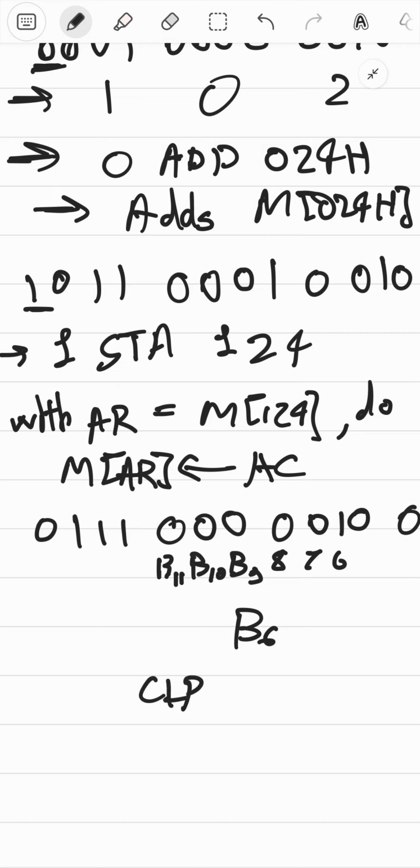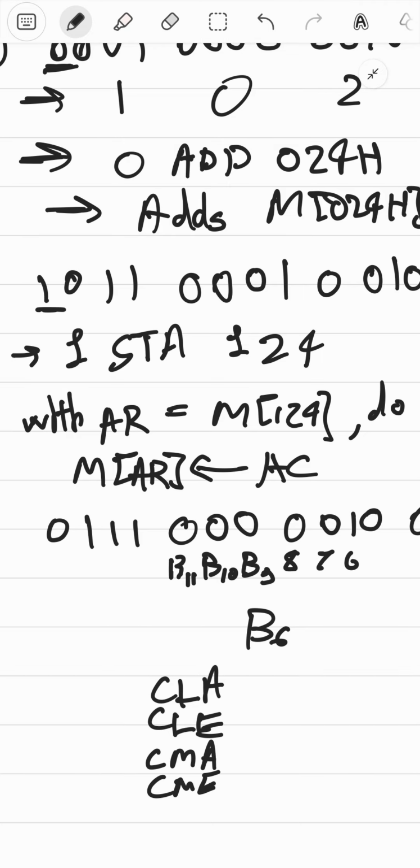Clear A, it's called CLA actually. Clear E, complement A, complement E, circulate right, circulate left. What else? The increment and the skips.